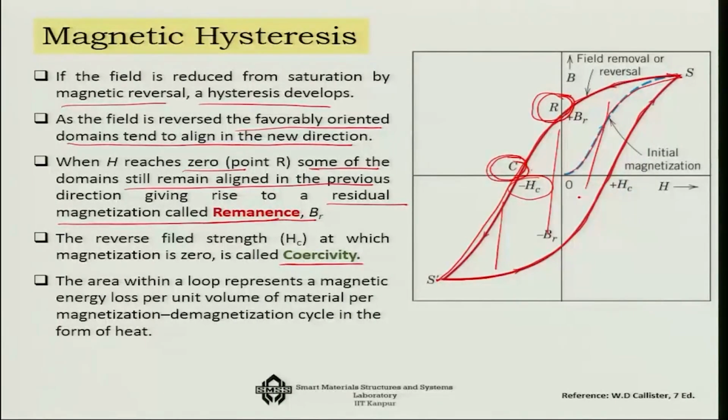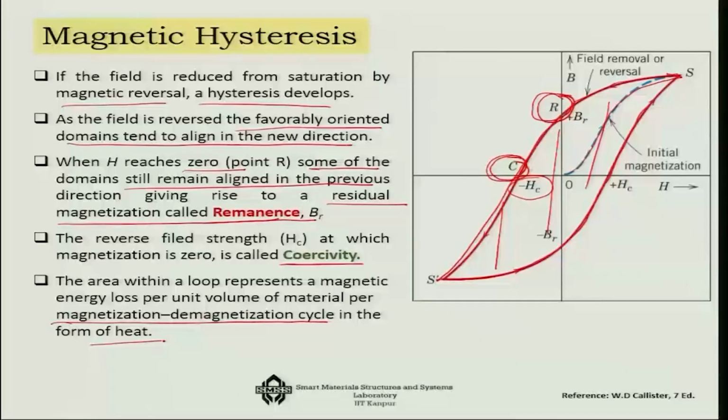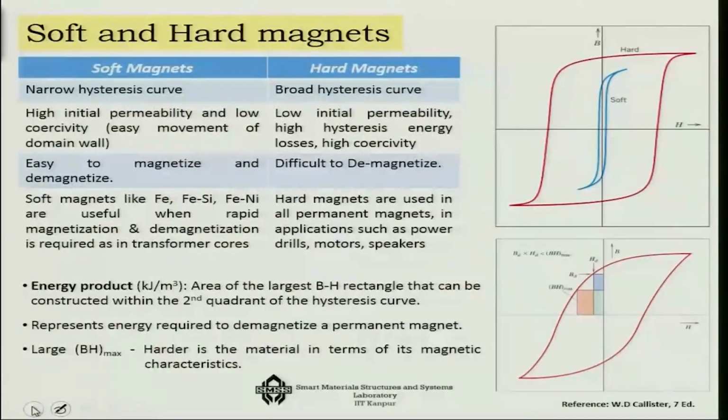So, there is some amount of energy which you are losing. That is what is signified by this hysteresis, and that happens in every magnetization-demagnetization cycle. Where does the energy go? Well, it goes into heat energy, acoustic energies, etc. That is the magnetic hysteresis in the system.